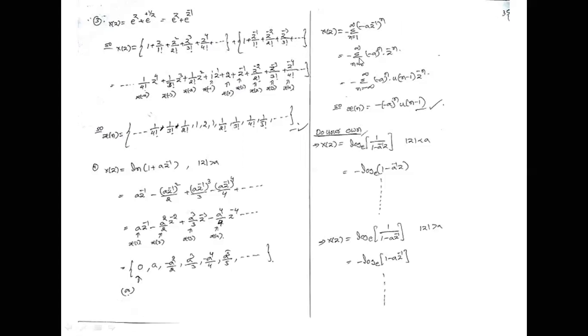Expand this value. When n is equal to 1, it becomes a z inverse. When n is equal to 2, minus a z inverse whole square. And n is equal to 3, minus a z inverse whole cube, and so on. Got it, my students?